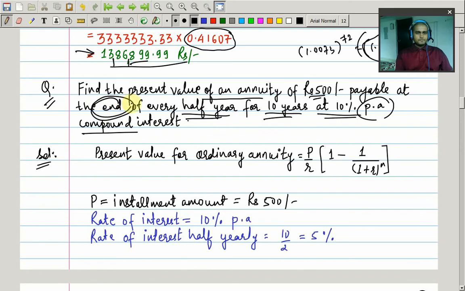Payable at the end, so I'm going to use the present value of ordinary annuity. It is P by R. This is the formula.